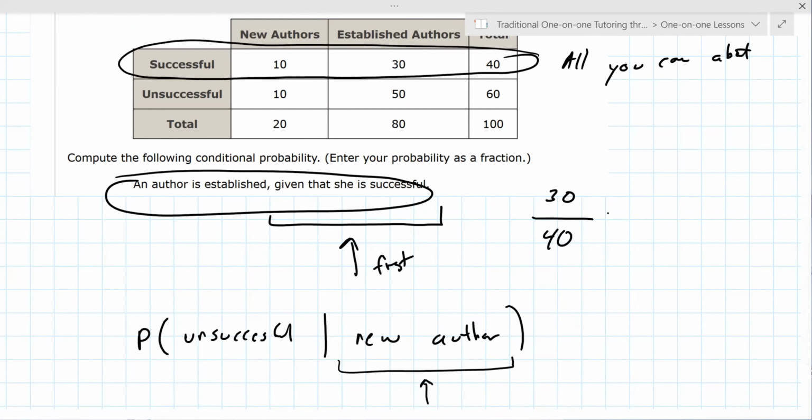Yes. That's easy. When the numbers are in the table, those are the problems you want.